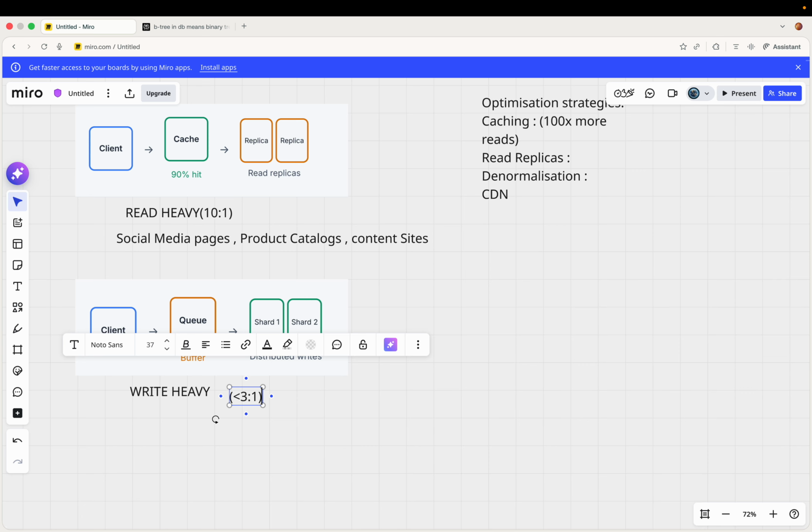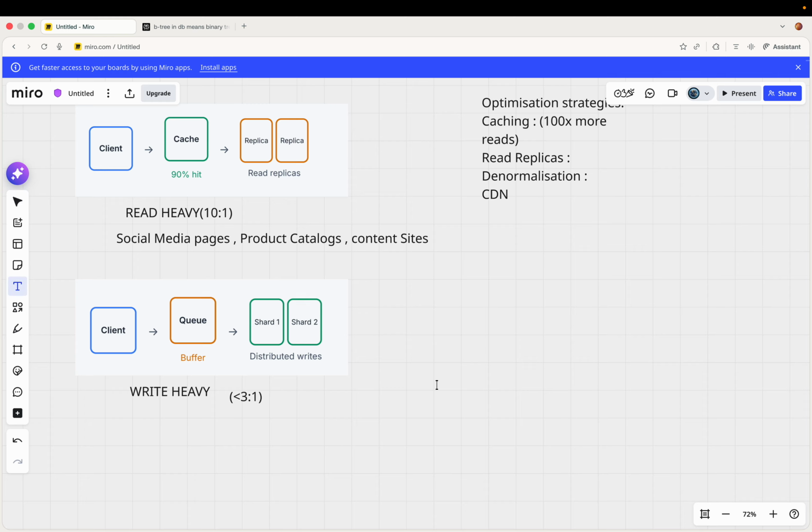Don't get confused here. I am saying read to write only. Previously also I said read to write. Even if for every three reads you are getting one write, that is still a write heavy system. You should consider it a write heavy system.